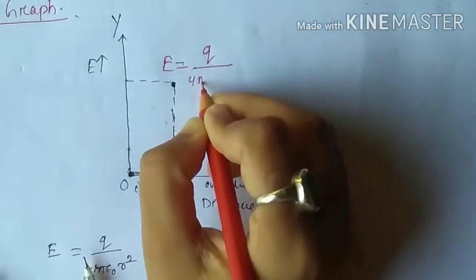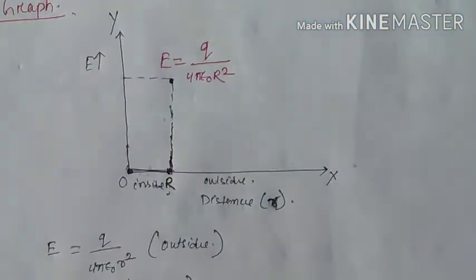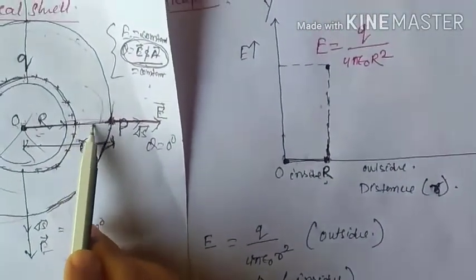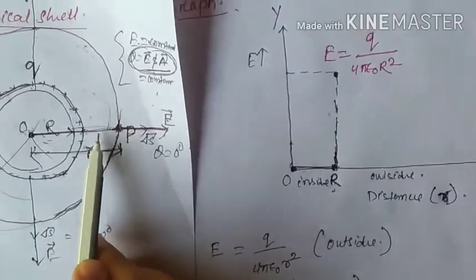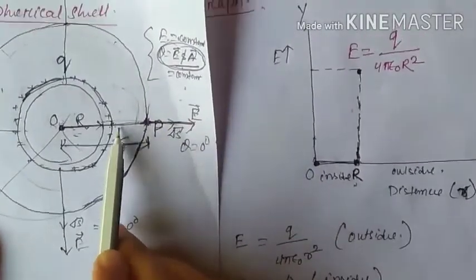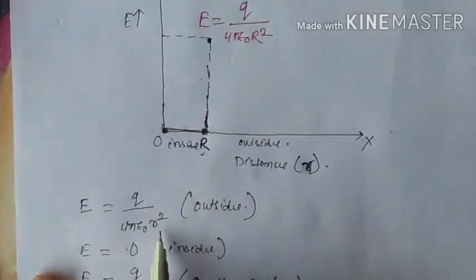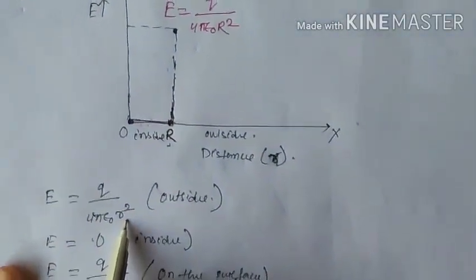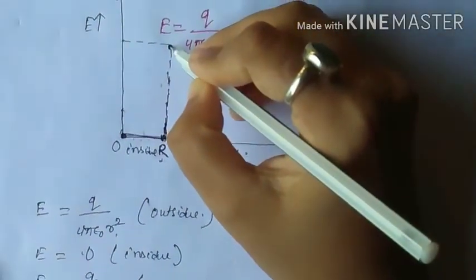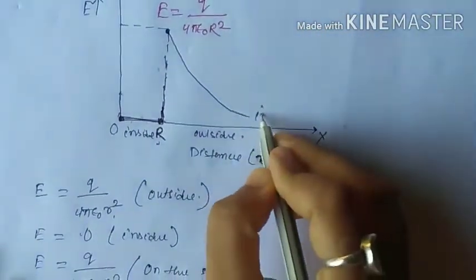This is Q by 4 pi epsilon naught R square. Then after that, beyond R, up to outside points, as the distance goes on increasing from here to here to here, as the distance increases, the value of E decreases because it follows the inverse square law. So the nature of the graph is an inverse graph. It is maximum, then gradually it decreases up to infinity.